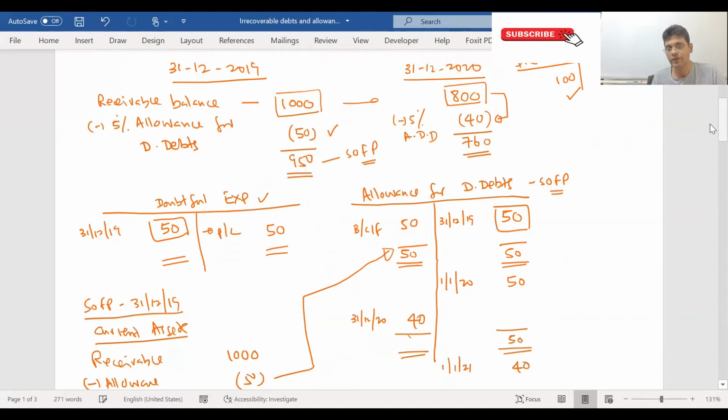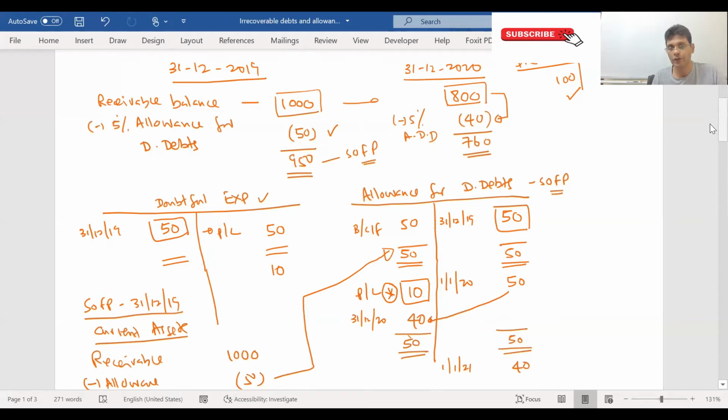So what is this difference? This difference has to be adjusted against the profit and loss account. Okay, so in the profit and loss account, it will be a credit adjustment. If you have to debit the allowance for doubtful debts account in order to reduce the opening balance to 40, the allowances for doubtful debt should be 40.